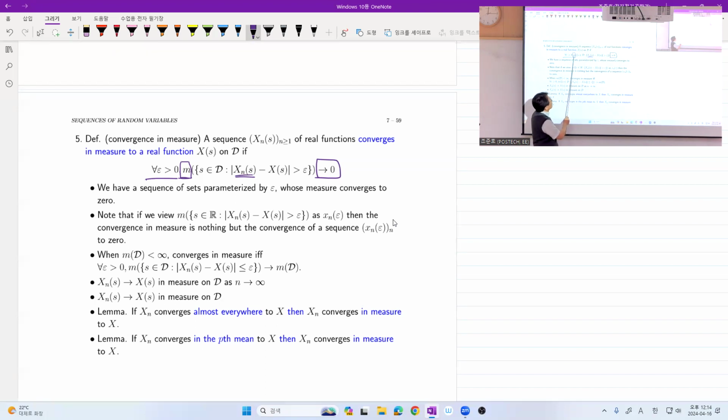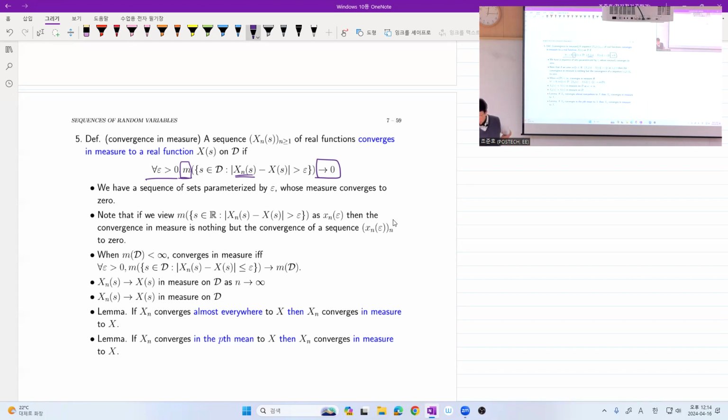And if that sequence converges to 0, then you have convergence of the function to another function in the measure sense. This is convergence in measure.